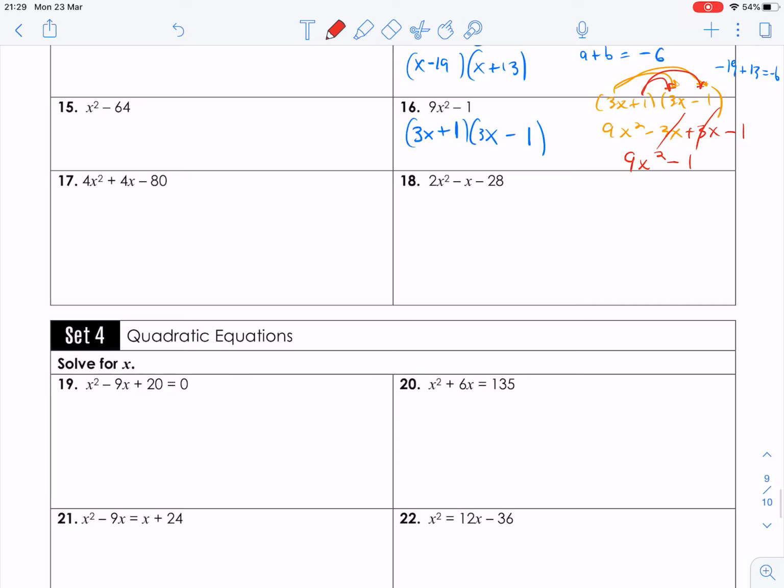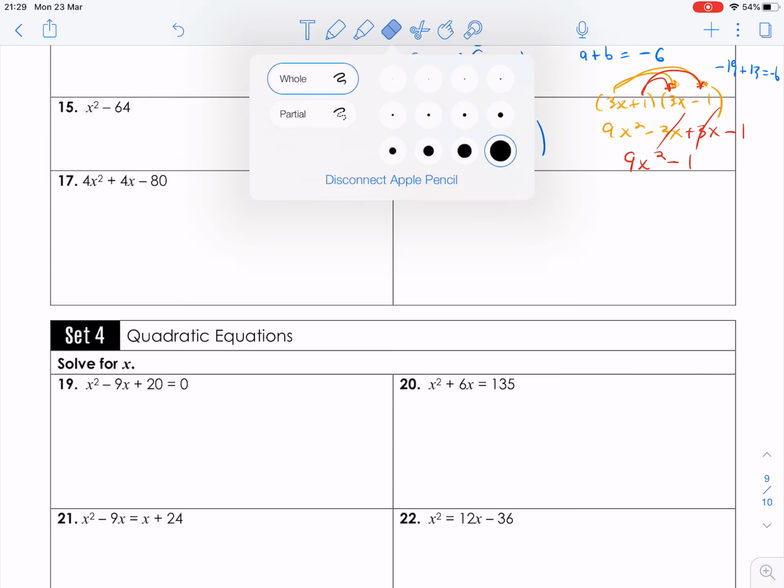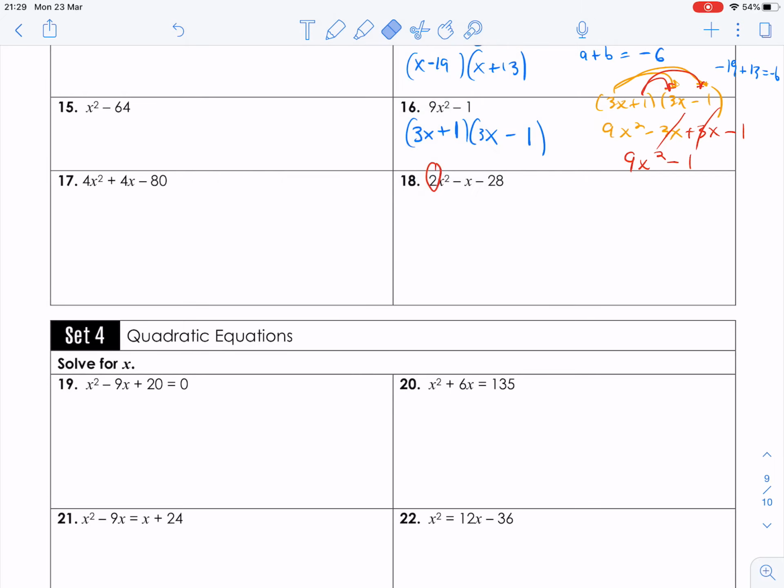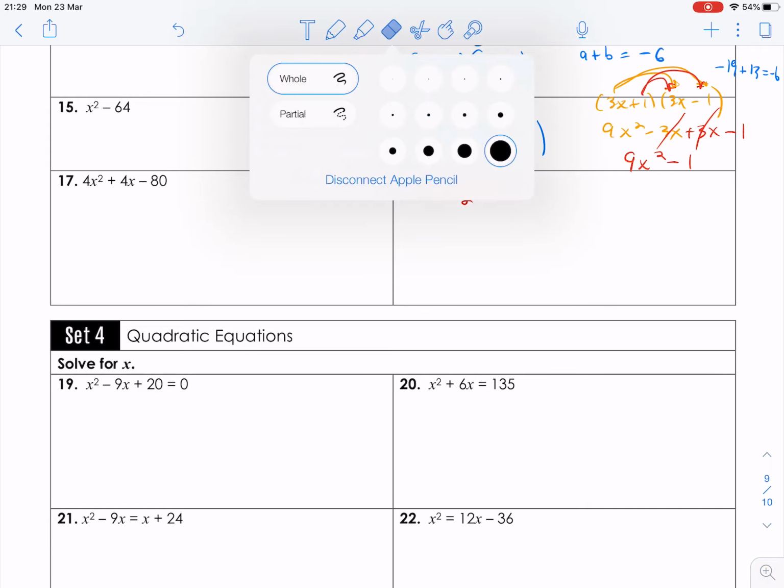18, if we have a number in front of x squared, what I would do is first see, can I factor anything out of this? So could I divide this whole thing by 2? Factoring out is the opposite of distribution.